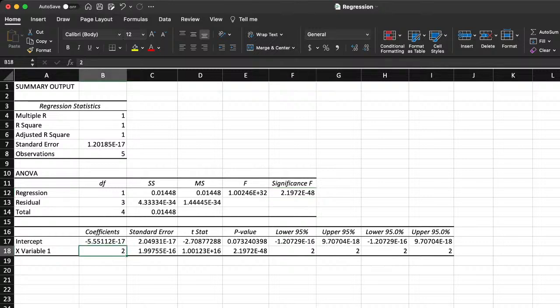These are the coefficients. For the X variable, which we only have one of, its coefficient is 2. In other words, the number in front of the symbol X is 2. This is the slope. So coefficients are slope terms.